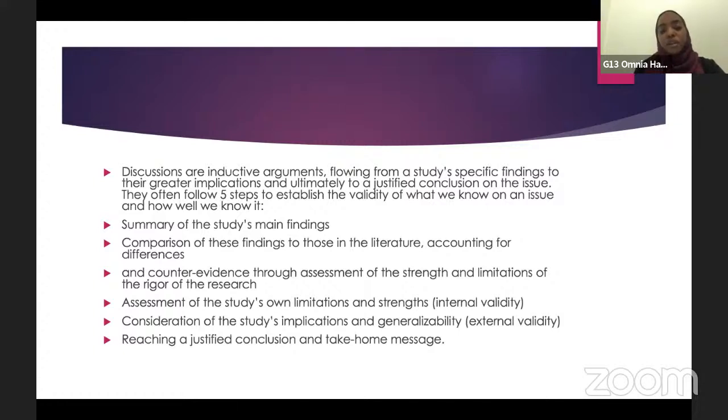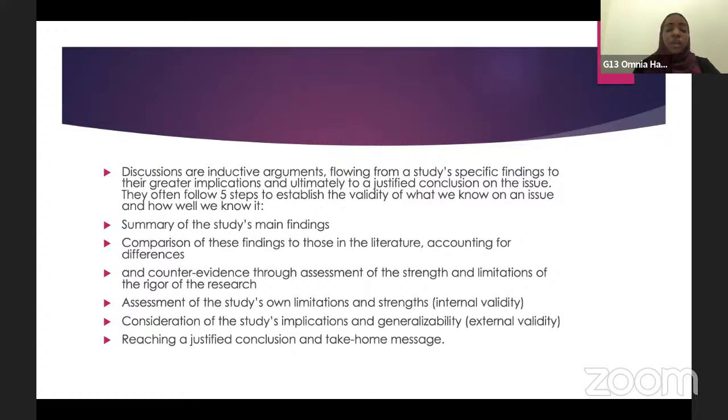So the inductive arguments of discussion means flowing from a study-specific finding to their greater implication and ultimately to a justified conclusion on the issue. They often follow 5 steps to establish the validity of what we know on an issue and how we will know it.